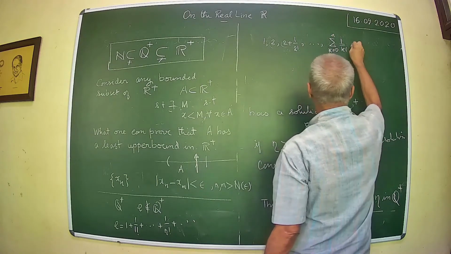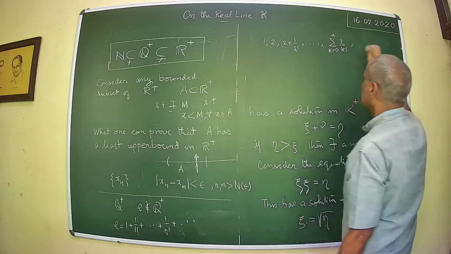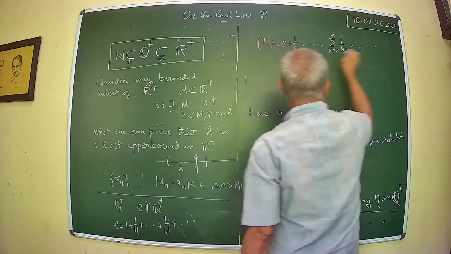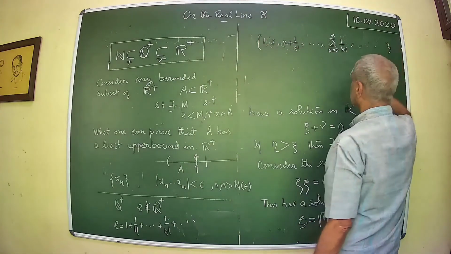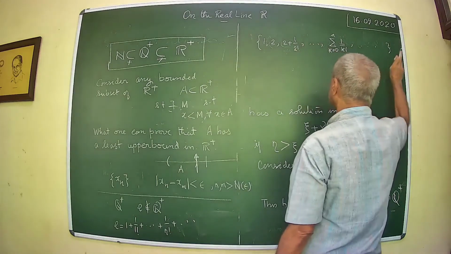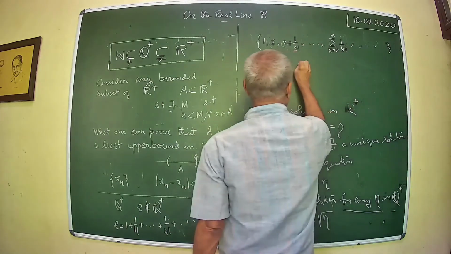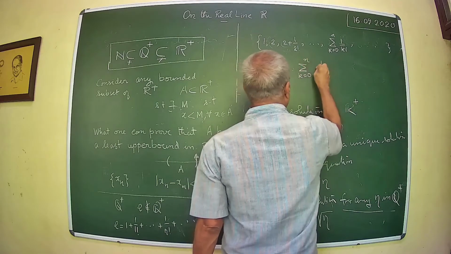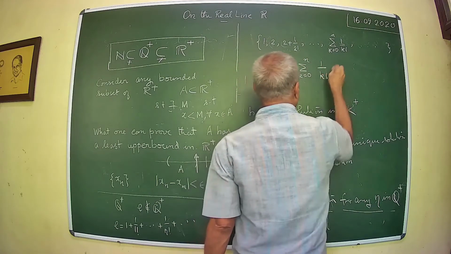This is the general term. All the elements of this sequence, the sum over k equal to 0 to n of 1 upon k factorial, belong to Q plus.